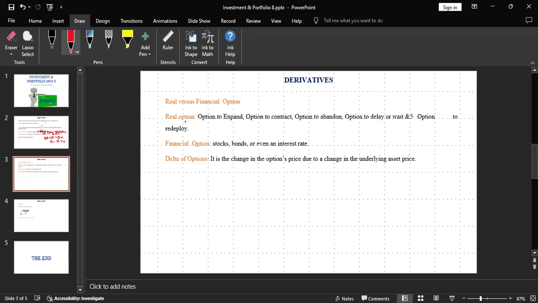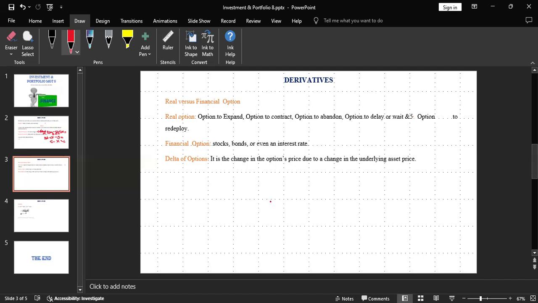So examples: we have the option to expand. When you talk of the option to expand, maybe a firm wants to start a new business in addition to what it is doing, like adding a new product or setting up a subsidiary.